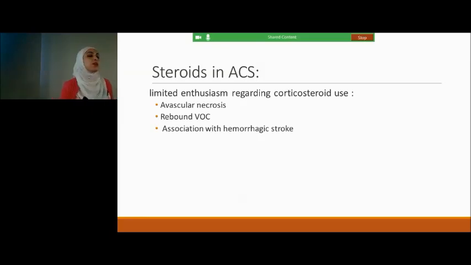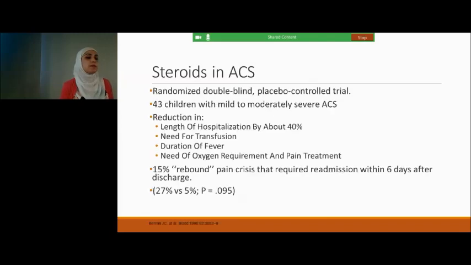So what do we do with steroids? Where is this coming from? A very nice study published in the journal Blood, a little older study, but it's still a good one, with a relatively small sample size. They looked at 43 children who were admitted with mild to moderately severe acute chest syndrome, and they compared kids who were treated with systemic steroids to the ones who were not.